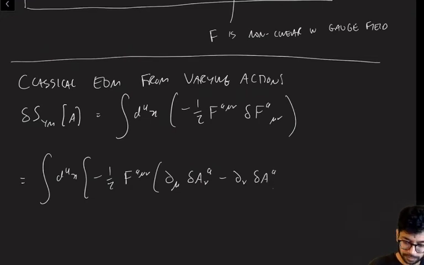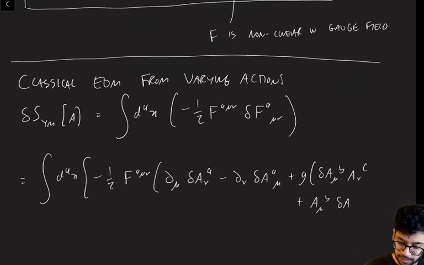There's a term coming from the antisymmetric derivative of A, and there's also a term coming from the part that is like A squared. That part looks like this: A^ν_c plus A^μ_b δA^ν_c, and the whole thing is multiplied by f^abc.